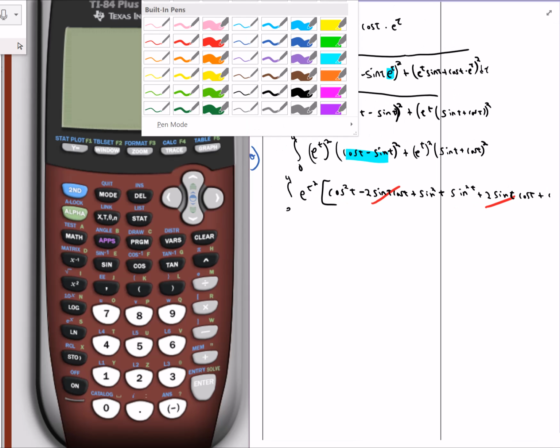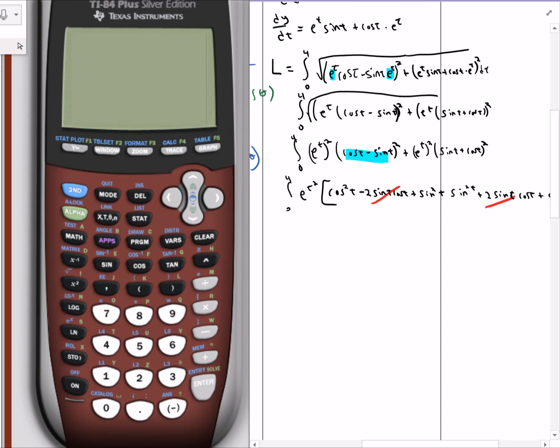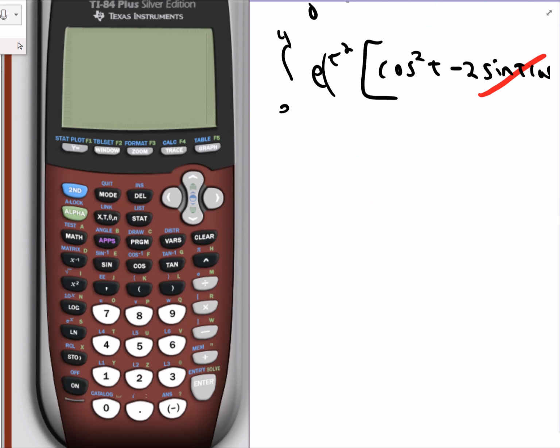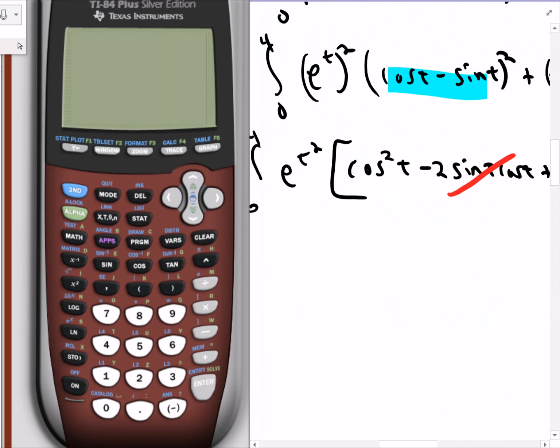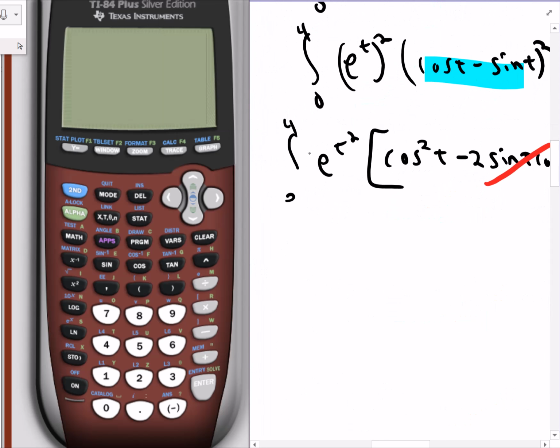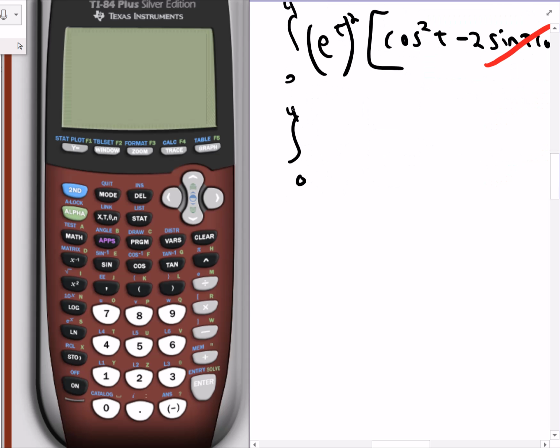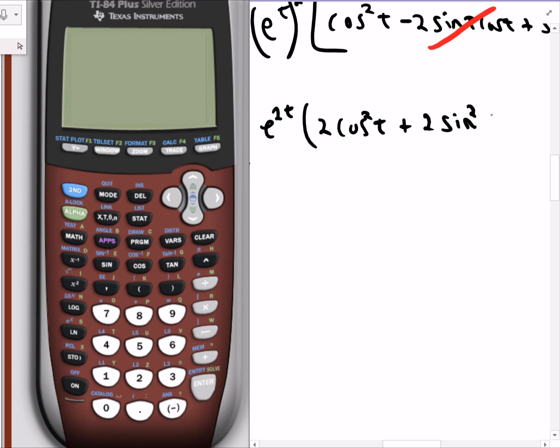So this whole thing is going to simplify to e to the t squared, which is the same as e to the 2t, using that property, times 2 cosine squared t plus 2 sine squared t, right?